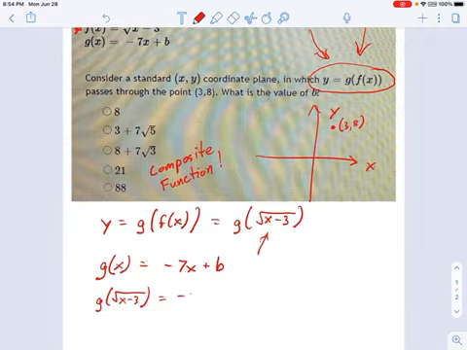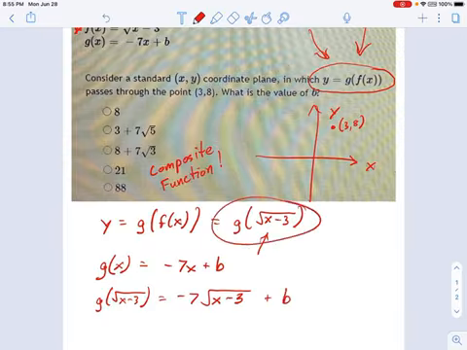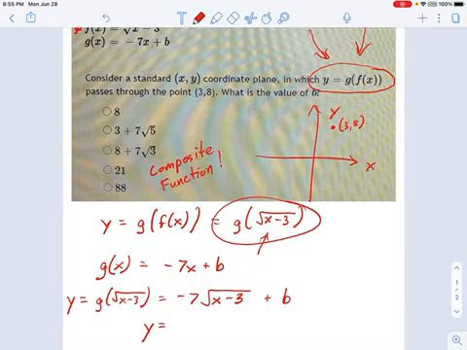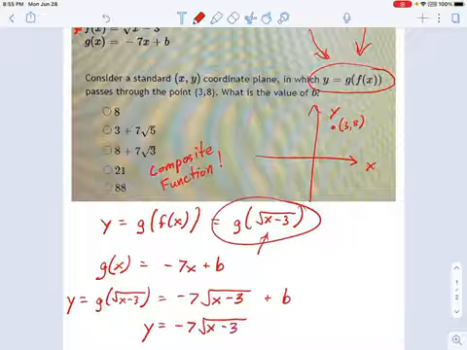So this becomes negative 7 times, not x, negative 7 times the square root of x minus 3. And then you have that plus b. And remember what this is. This is y, this thing right here that we're talking about. Y equals that. So let's simplify this a little bit. Y equals negative 7 times the square root of x minus 3 plus b.